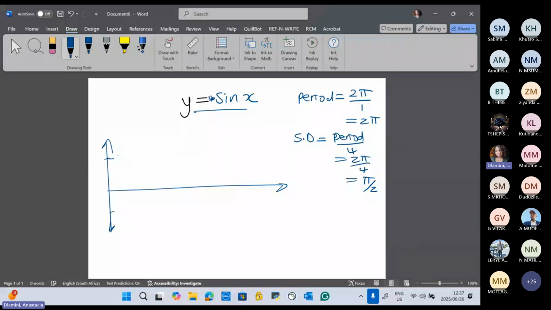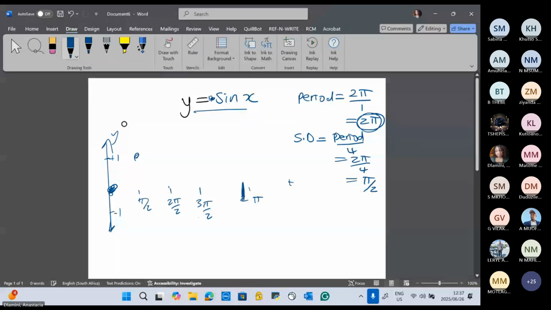When I draw sine, I have to move from 0 to 2 pi, this period. The reason why I'm repeating this is because it's important for your sec and cosec and whatsoever. So I know sine starts from 0, then 0 to 1 to 0 to -1 to 0. So that's my sine function over here.